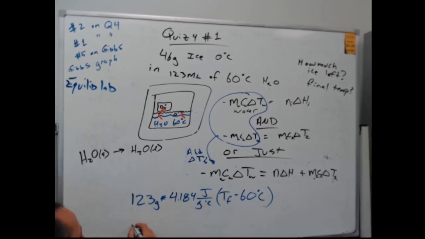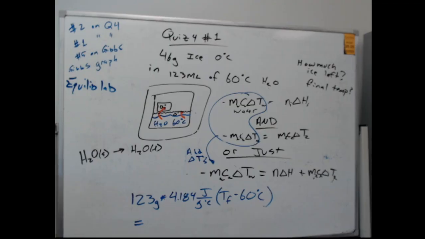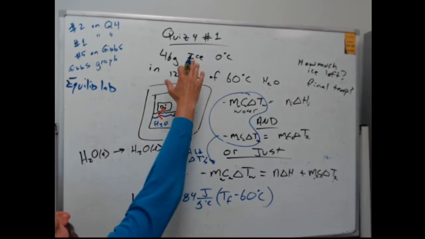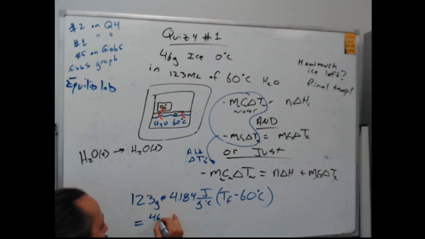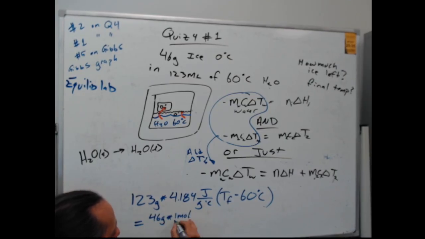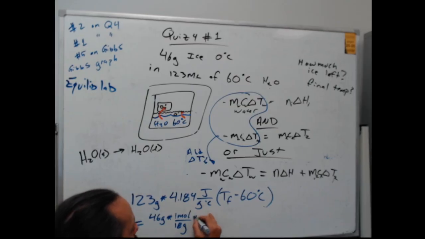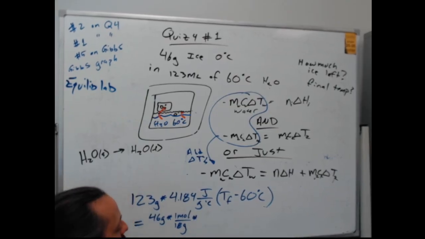I didn't give myself enough space, so I'm just going to continue it down here. My n, this right-hand side, is for the thing that's gaining energy. That's going to be my ice. So that's going to be 46 grams times 1 mole per 18 grams, the molecular weight, times the heat of fusion.